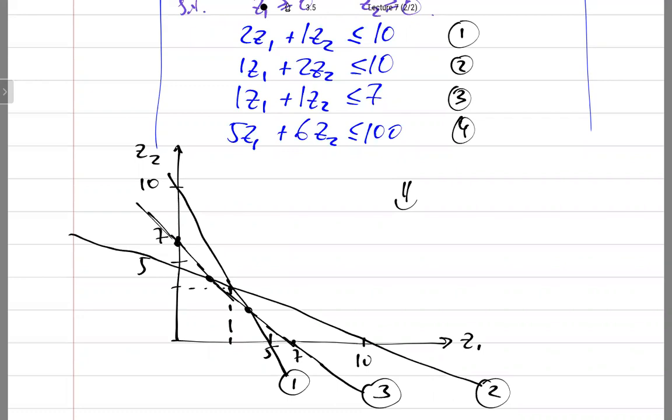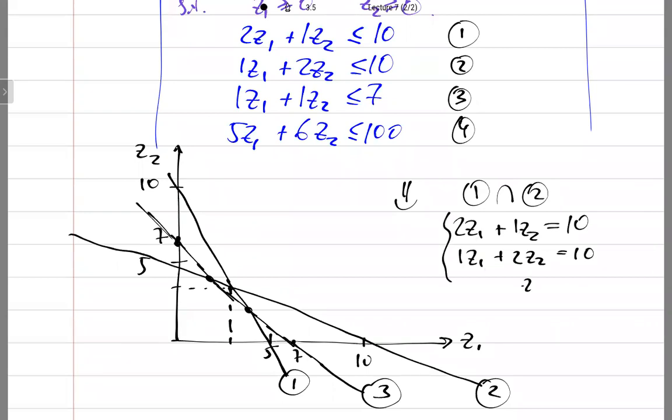Intersection of the first and second line: 2Z1 plus Z2 is 10, Z1 plus 2Z2 is 10. So the intersection is Z1 is 3 and 1/3, and Z2 is 3 and 1/3. So this is the point 3 1/3, 3 1/3.